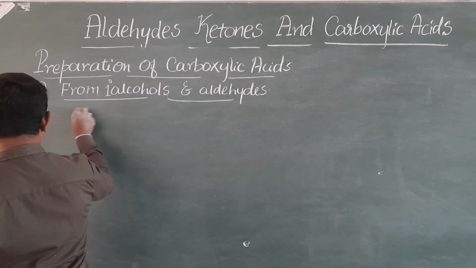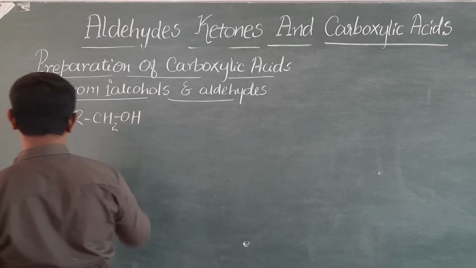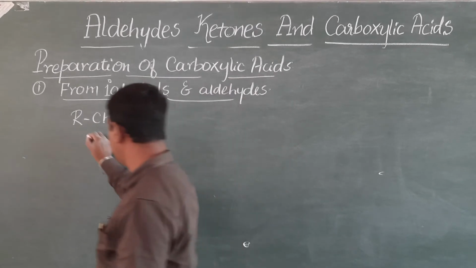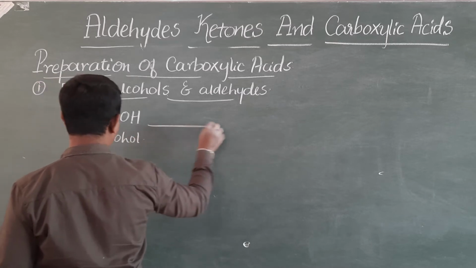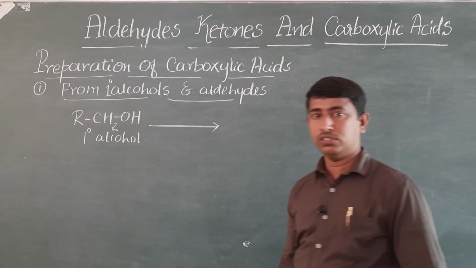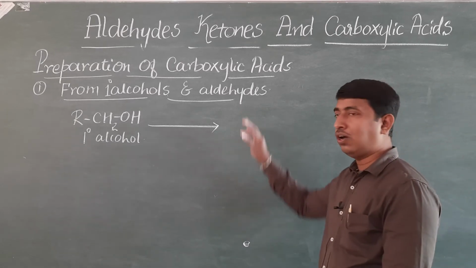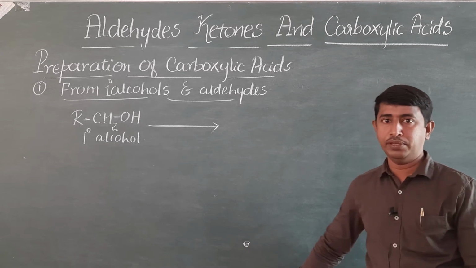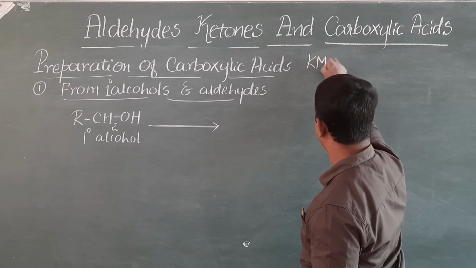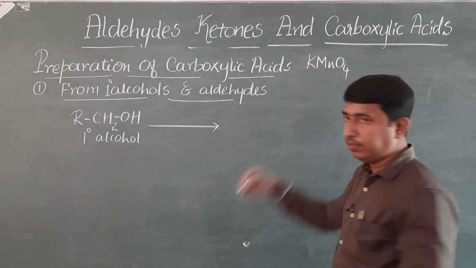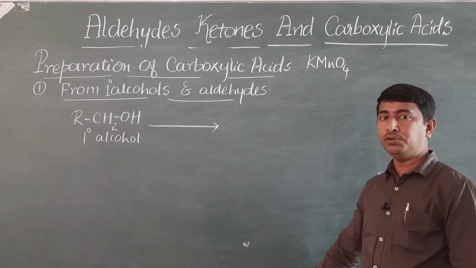Primary alcohol formula, it is RCH2OH. This is primary alcohol. Primary alcohol, when it is subjected to oxidation by using commonly used oxidizing agents, that is potassium permanganate, can be used in acidic medium, alkaline medium or neutral medium also.